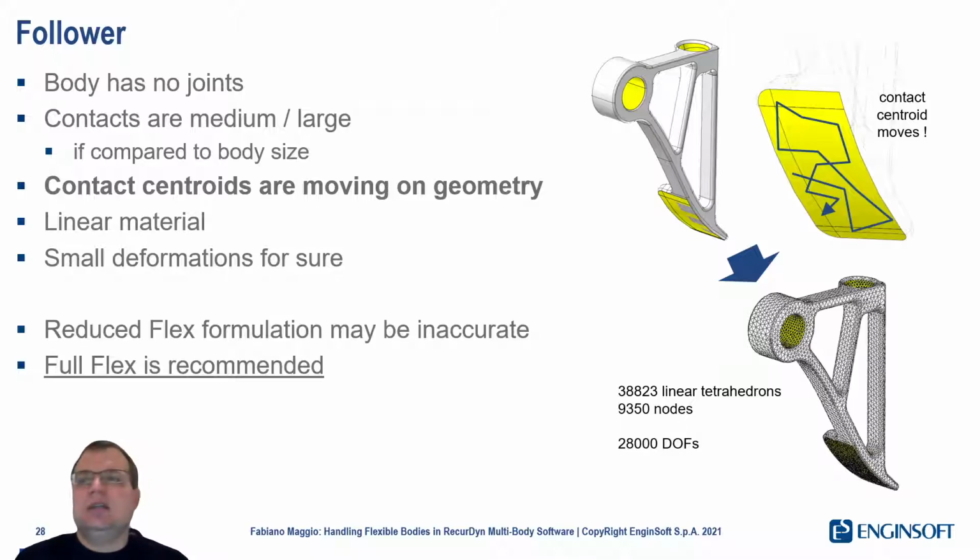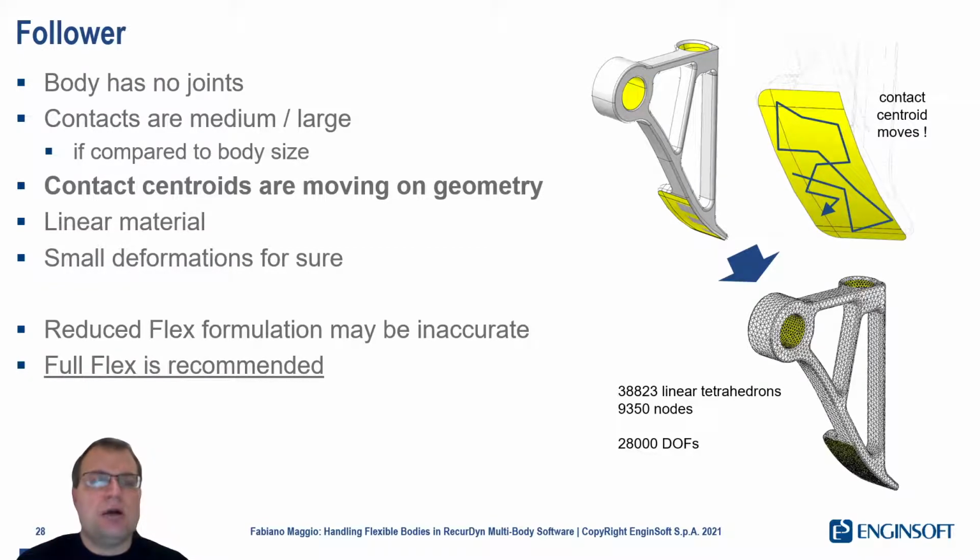The third body is the follower. Even this body has no joints. The contacts are medium to large extension compared to the size of the body. So here it's becoming difficult to decide where to place the master nodes. We need to know the master nodes to apply the reduced flex formulation.